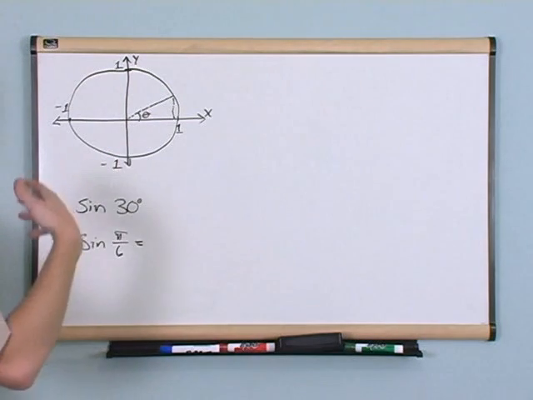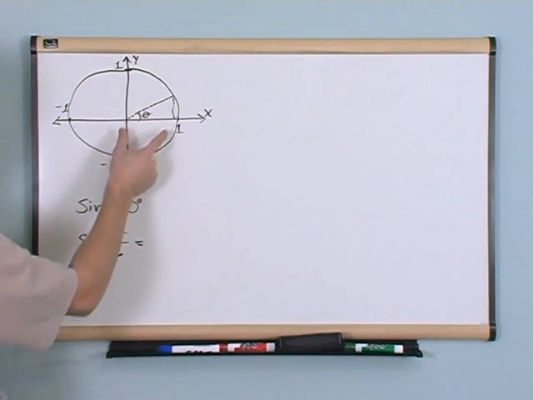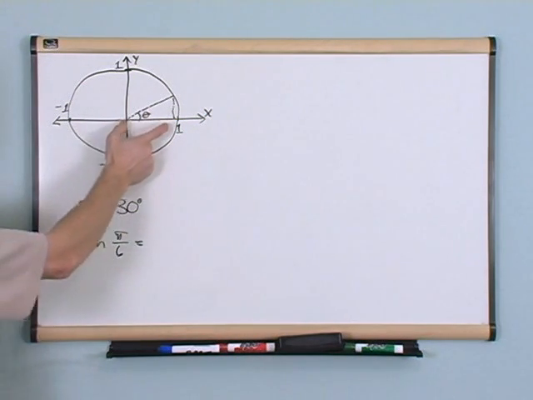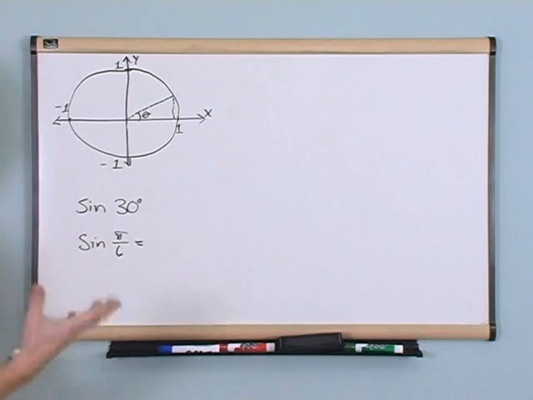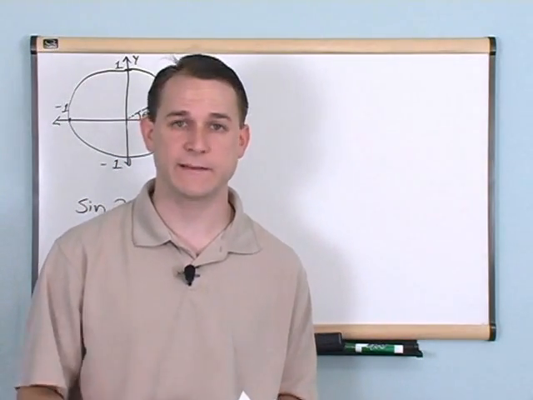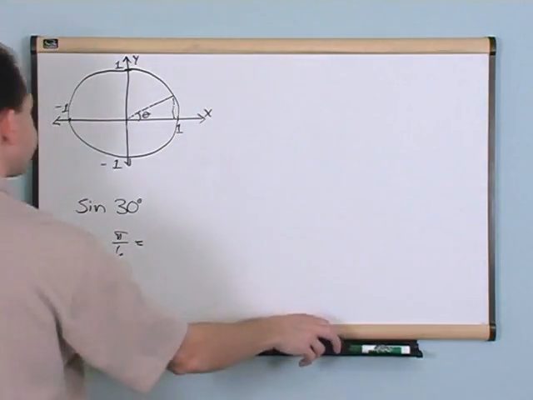Sine is related to y. If you were looking at the cosine of this angle, you'd be measuring this quantity here, which is the x direction, the x measurement. And so I taught you earlier that sine is related to y and cosine is related to x, and I told you that's very important. Here we're going to learn a little bit more why it's important.